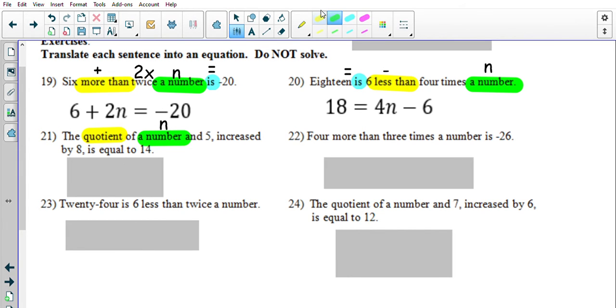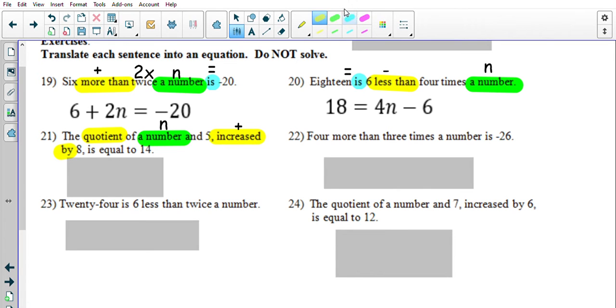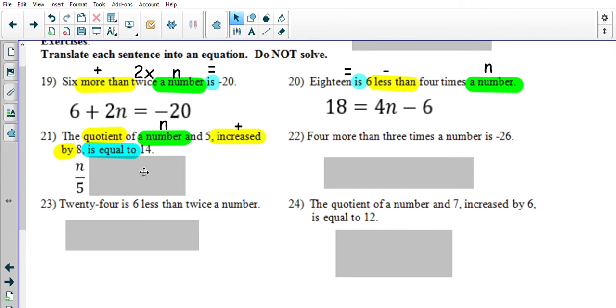Increased by 8. Increased by represents addition, kind of like more than from number 19. Is equal to is going to be our equal sign. So the quotient of a number and 5, n divided by 5, increased by plus 8, set it equal to 14. There we go.